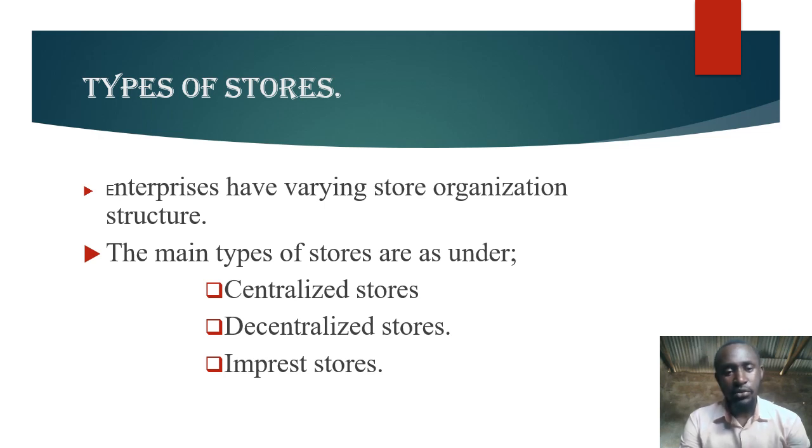Talking about the types of stores, we have three examples: the centralized stores, the decentralized stores, and lastly the imprest stores. We will check each one of them to know what they are, starting from the centralized stores.